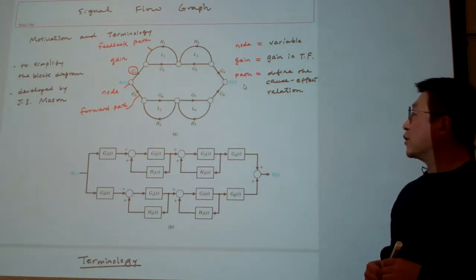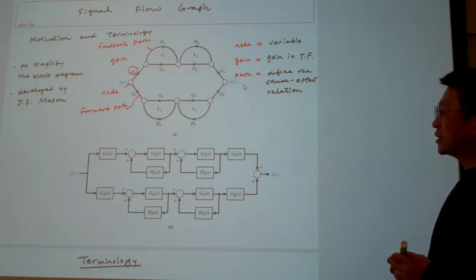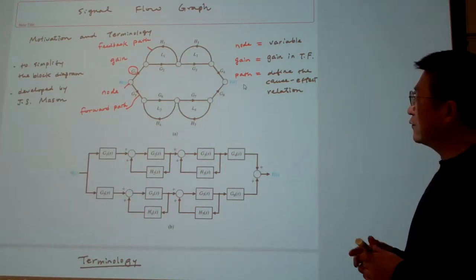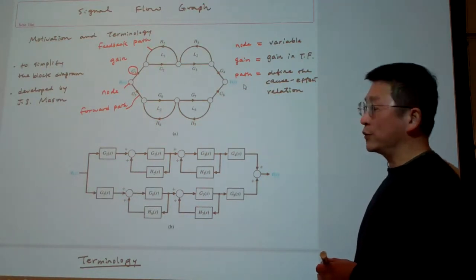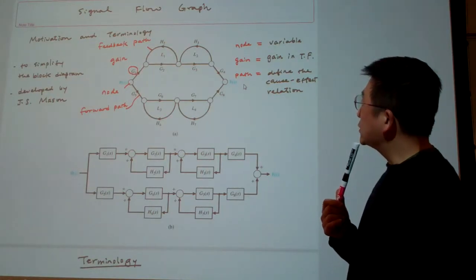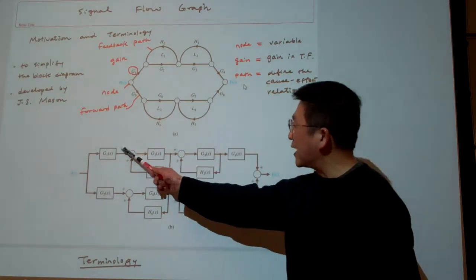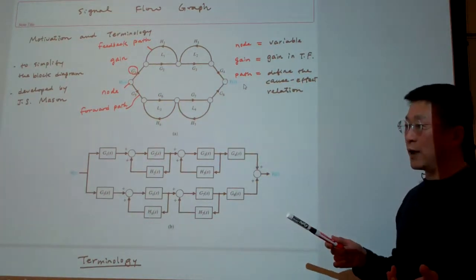Okay. So the signal flow graph basically has a few basic components. Before we go into further calculations, let me introduce certain components by defining certain terms. Compared to the block diagram, this one shows the corresponding signal flow graph.